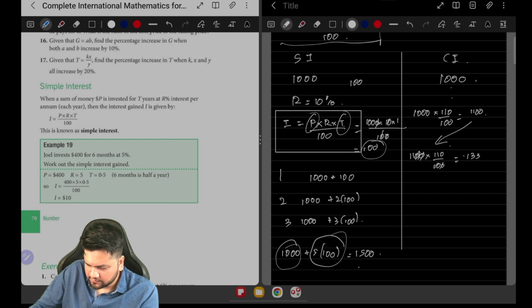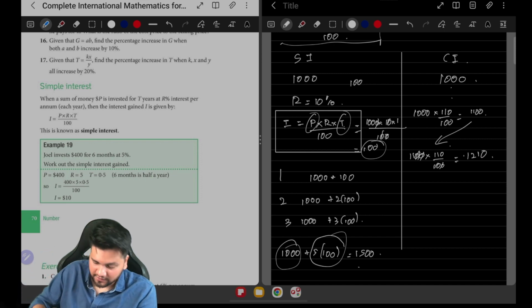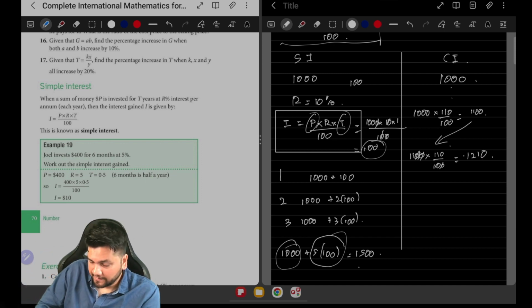Once again I missed it. Yeah, 1331. Sorry, 1210. My bad. I was just looking at the third year, that's why. So anyways, it's going to be 1210, right?